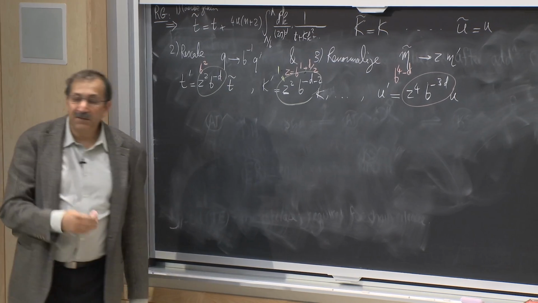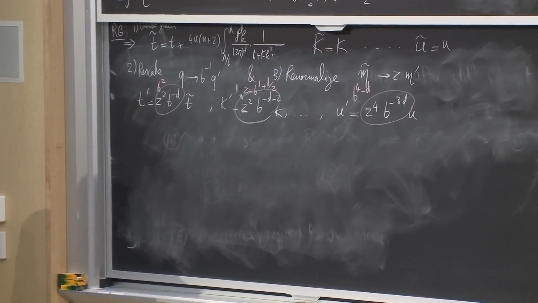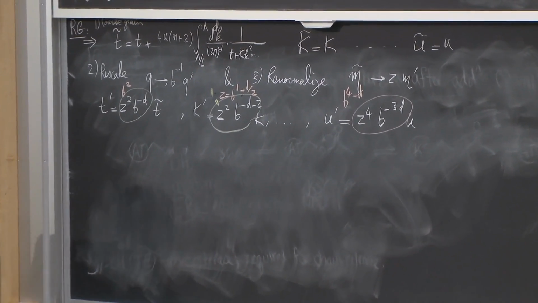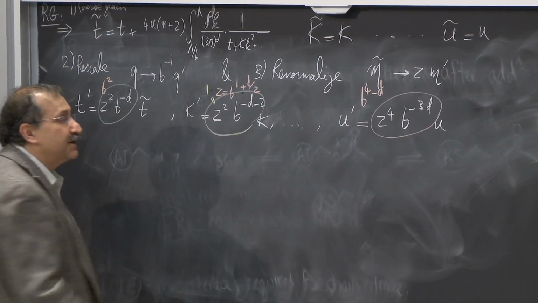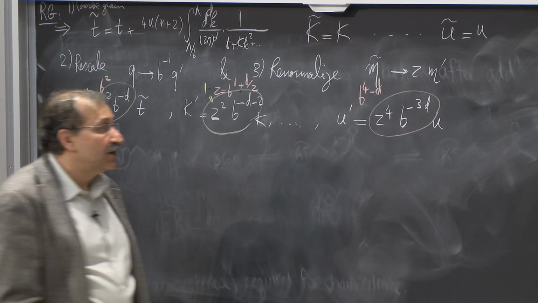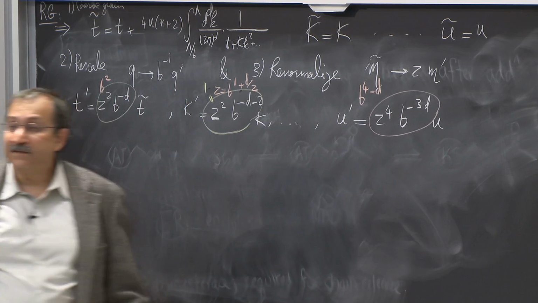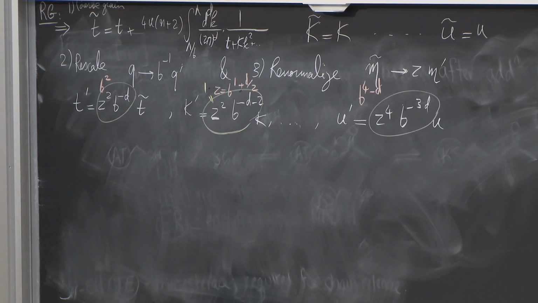And I can similarly determine what the dimensions would be for additional terms that appear in the Gaussian, as well as additional nonlinearities that would appear here. All of them, by this analysis, I can assign some power of b. Okay?